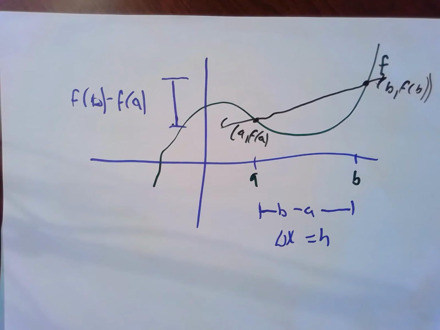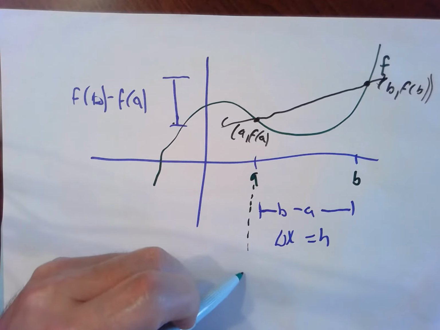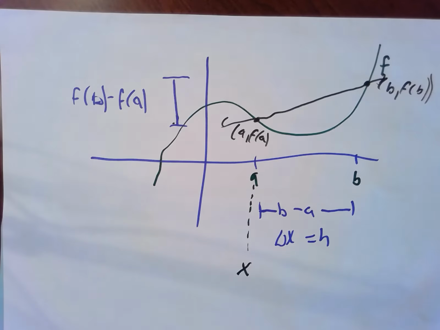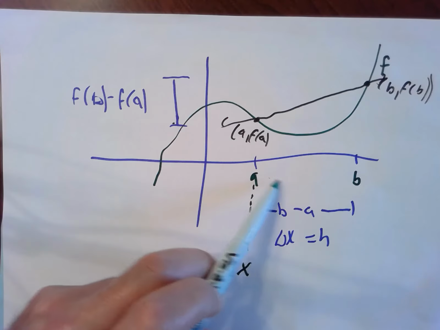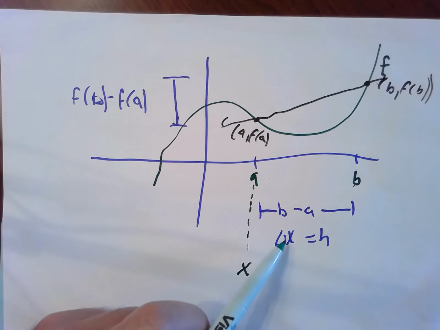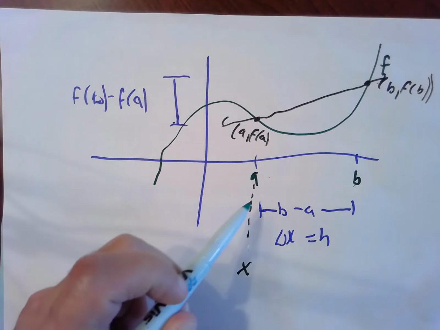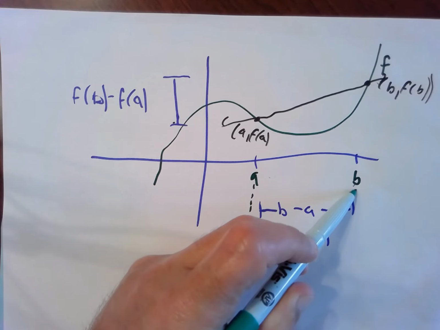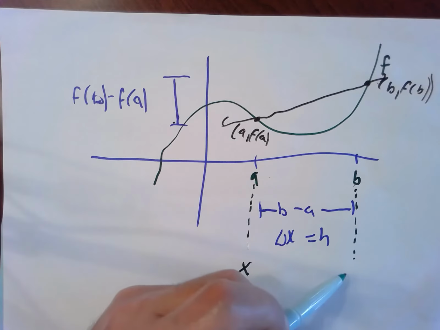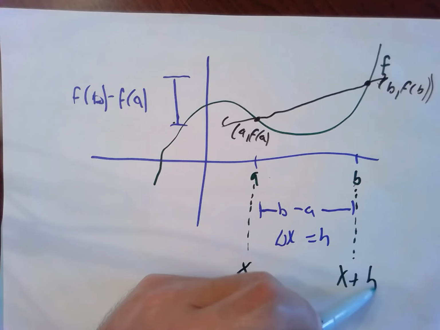We're just going to change up our variables a little bit. We're going to call this point x. We're going to call this distance, this change in x, that b minus a, we're going to give that a new name and call it h. So if this is the point x, and I go up h, b would now be x plus the change in x, h.